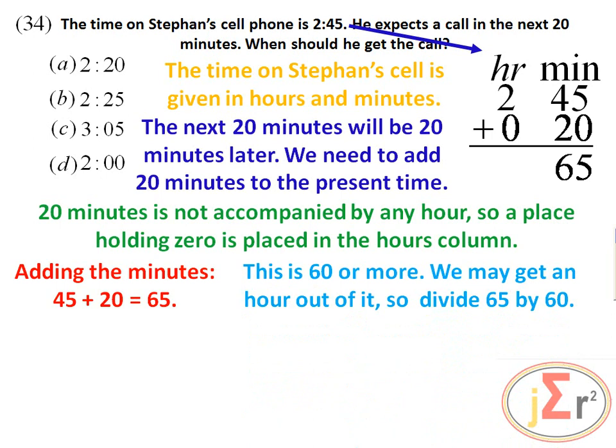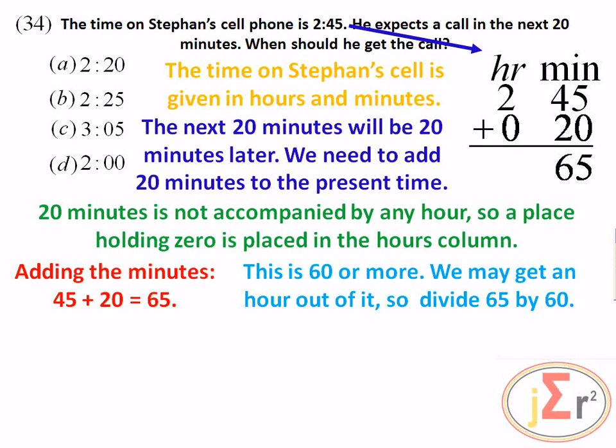So divide 65 by 60. When we add the minutes and it goes over 60, 60 or more minutes will be converted to hours. So we take the minutes 60 at a time for the hour, and if there is any remainder, then we allow those remaining minutes to remain in the minutes column.